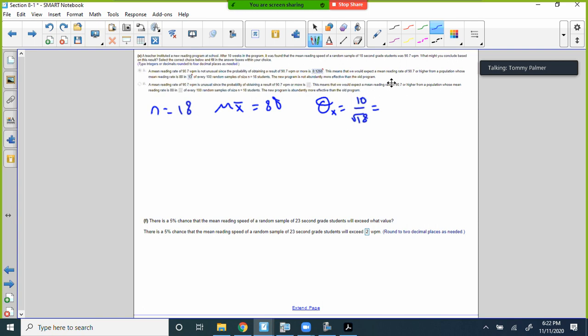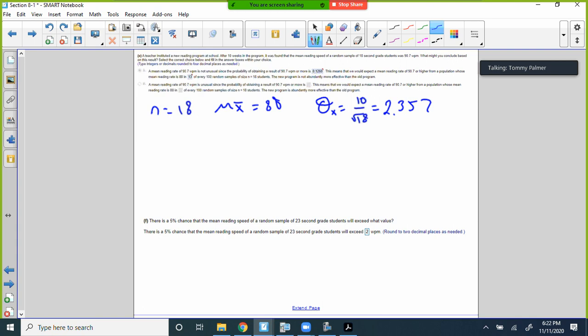So let me see what that is. 10 divided by the square root of 18, so that you at least have a number, and that's going to be 2.357, right? So we're going to do a normal CDF, right?